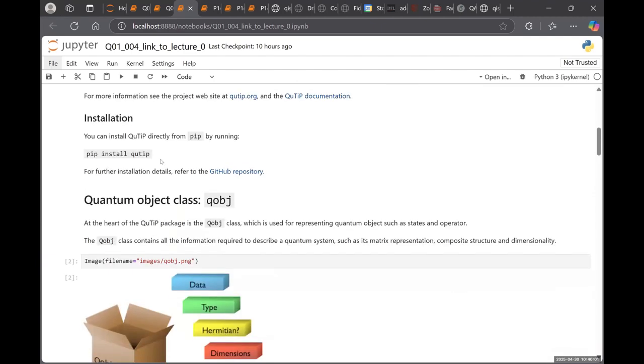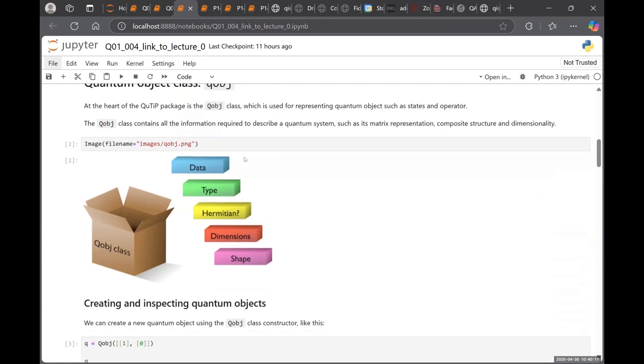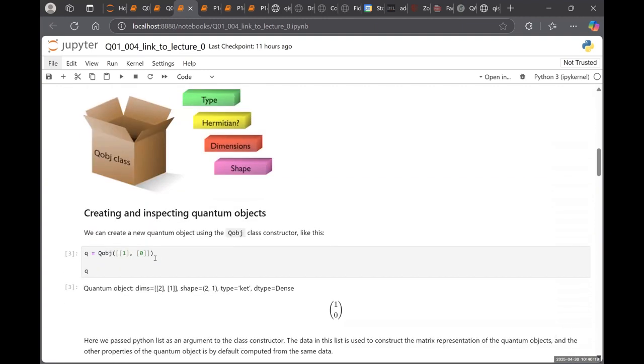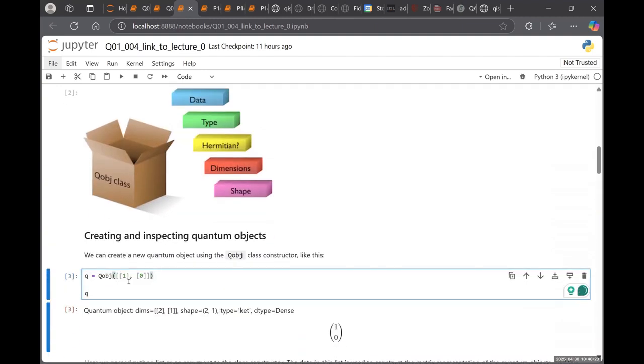So this first is the quantum object class, Qobj. It has data type and Hermitian. Is it Hermitian? What's dimension? The shape. Okay, this is the image. Let me not run that again.